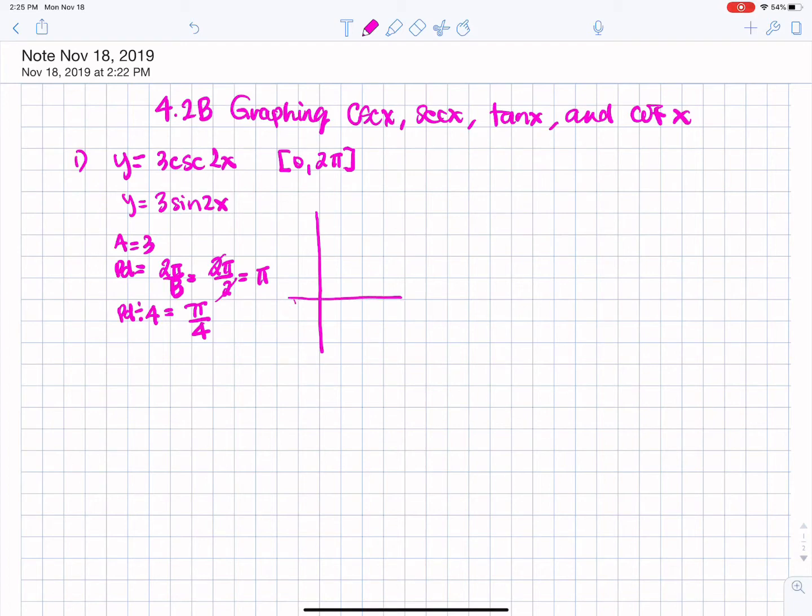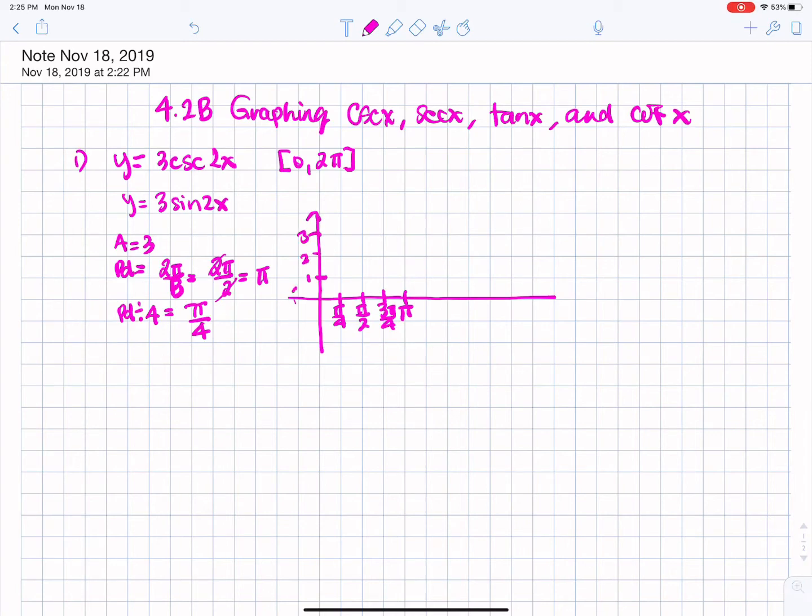Go ahead and make your graph. Counting by pi over 4: 1/4, 2/4, 3/4, 4/4 is pi. My a is 3.